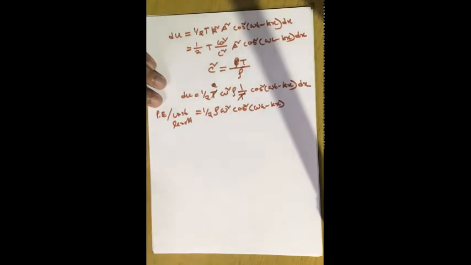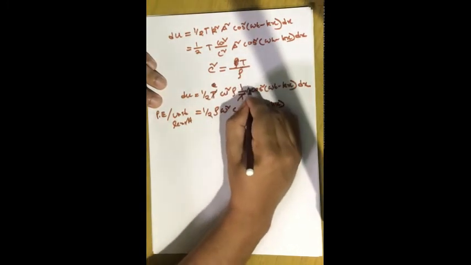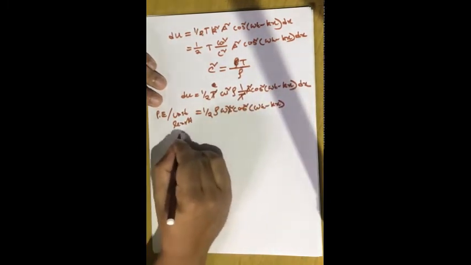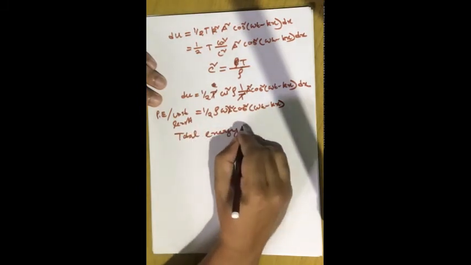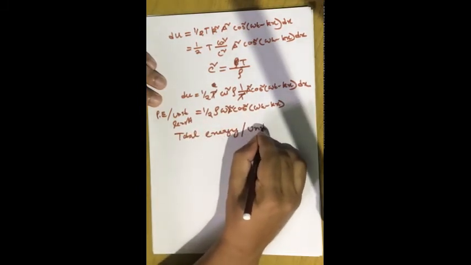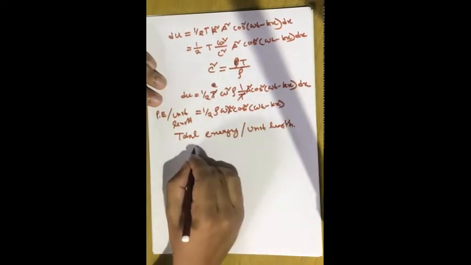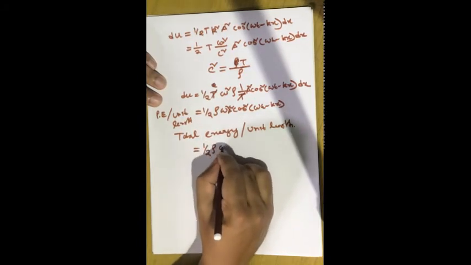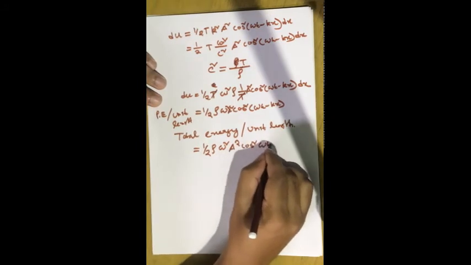Okay, so now the total energy of the string. A square was there, sorry, and there was a square. Therefore, the total energy per unit length of the string is equal to kinetic energy plus potential energy. The value of kinetic energy was half rho omega square A square cos square (omega t minus kx).